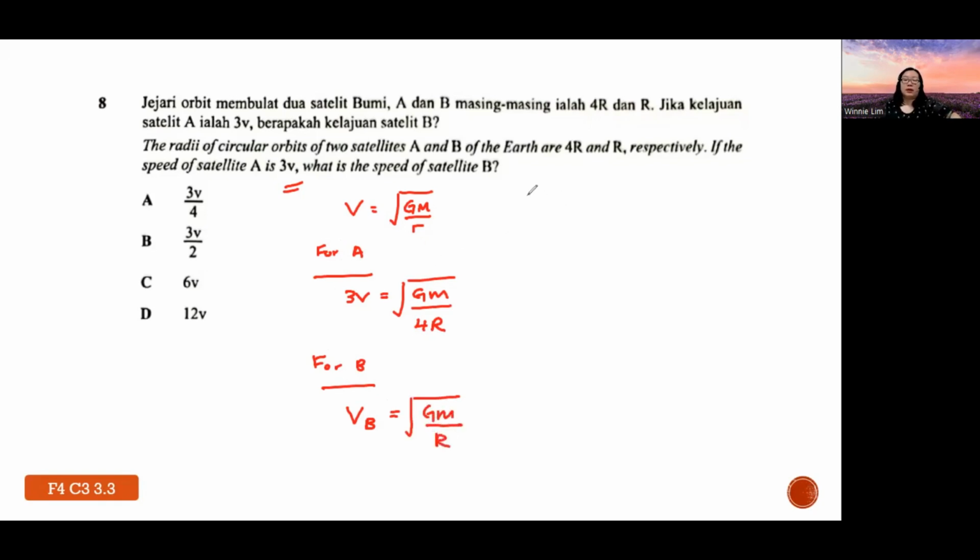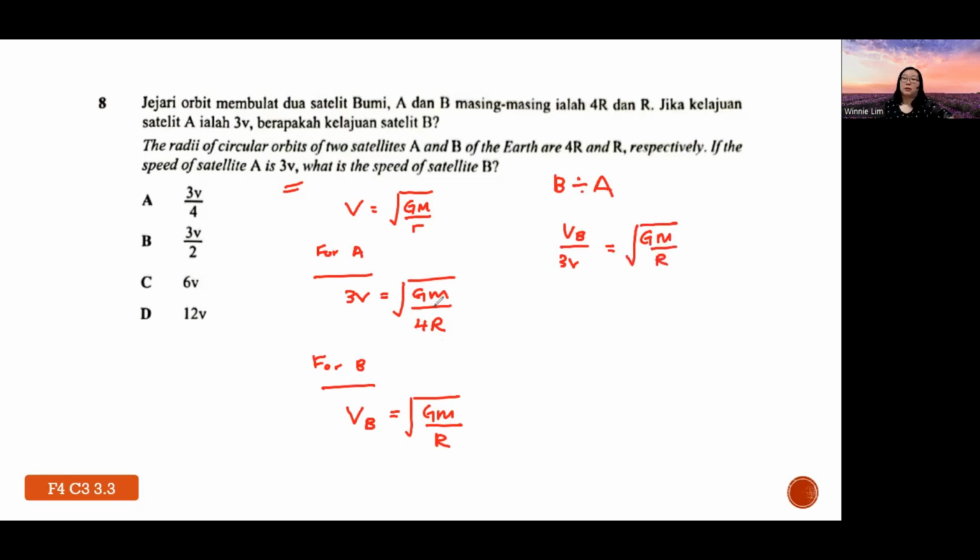Normally I will use the idea of B divided by A, so that your vB is on top. So vB over 3v equals square root of GM over r, divided by square root of GM over 4r.